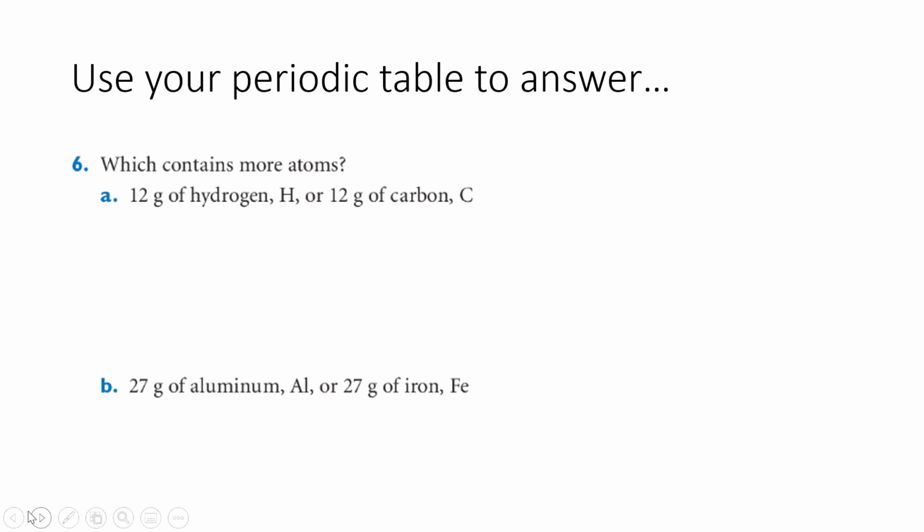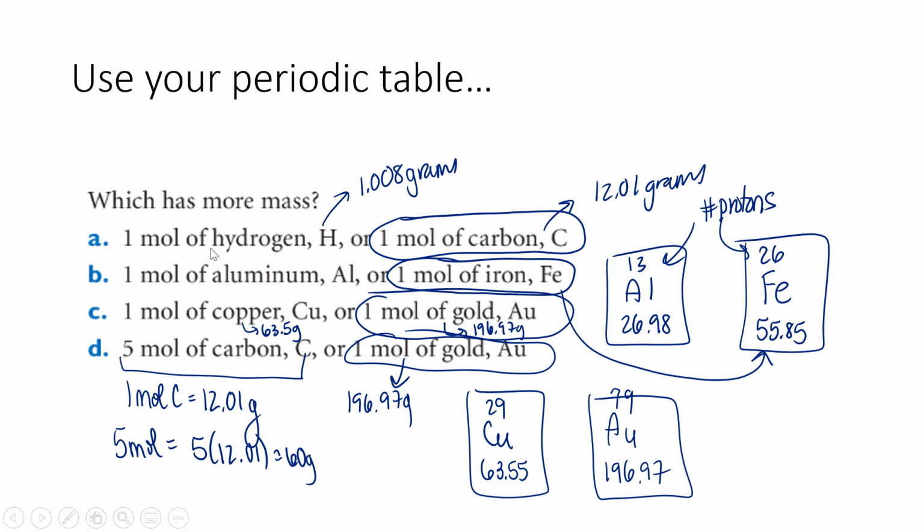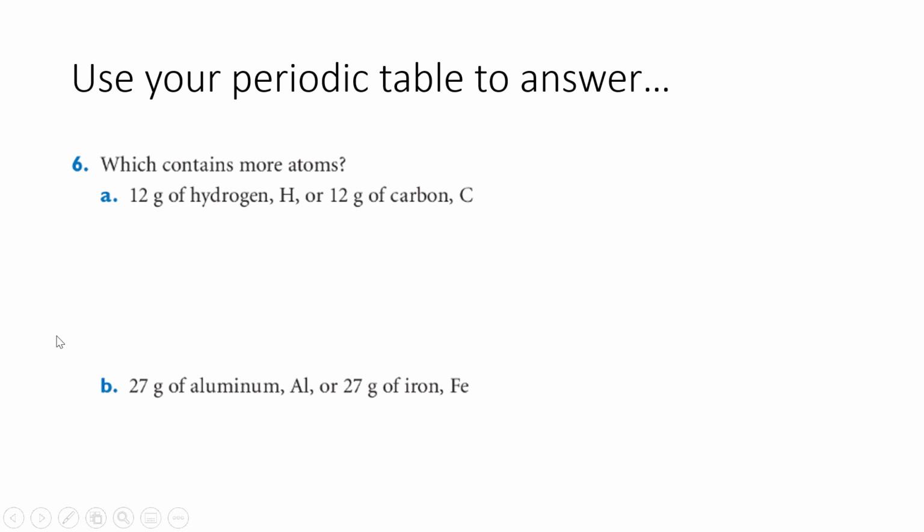Let's look at the other way. So what we did here is we were comparing samples of moles and asking which one had more mass. And now we're going to do the opposite. We're giving masses and we want to compare which one has more atoms. So again, we're going to use our periodic table. If we look at hydrogen, hydrogen has a molar mass of 1.008. And carbon has a molar mass of 12.01.